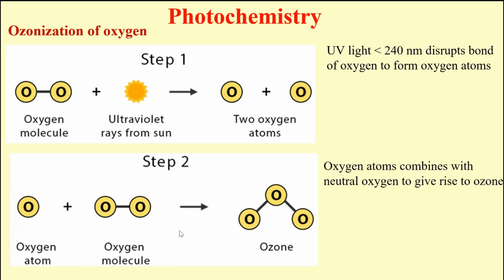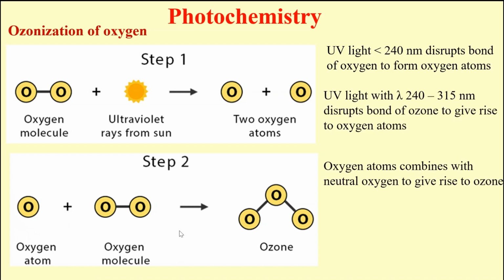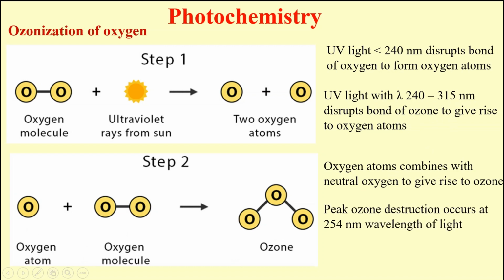This is the secondary reaction. The reverse is equally true. UV light of 240 to 315 nanometer disrupts the bond of ozone to give rise to oxygen and an oxygen atom. The peak ozone destruction occurs at 254 nanometer wavelength of light. This is also an example of a photochemical reaction.